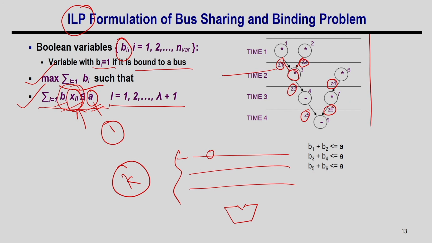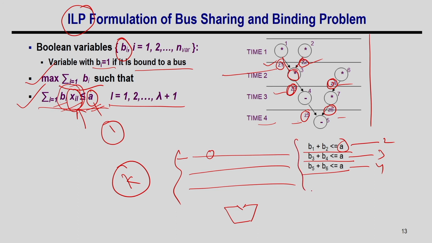Z3 and Z4 need to be transferred to some FUs in timestamp 3, and Z5 and Z6 are needed in timestamp 4. So, if the total number of buses is A, the transfer of Z1 and Z2 must be less than or equal to A, the transfer of Z3 and Z4 must be less than or equal to A, and the transfer of Z5 and Z6 must be less than or equal to A in timestamp 4.